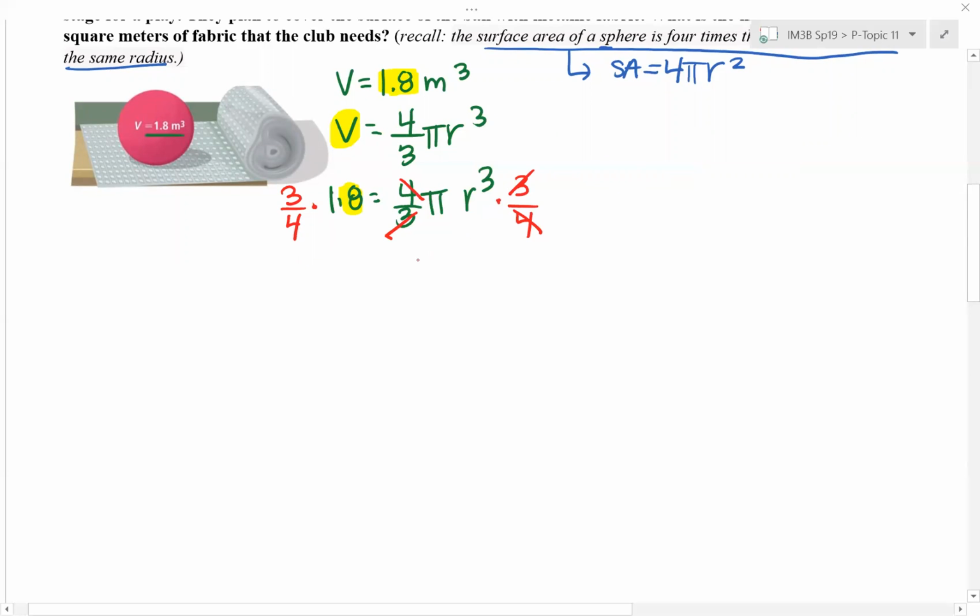And on the right-hand side, I just have pi times the radius cubed. And then I need to multiply 3/4 times 1.8. Remember that you can do 3 times 1.8 divided by 4, or 3 divided by 4 times 1.8, or make a fraction, whatever you do. You should get about 1.35.